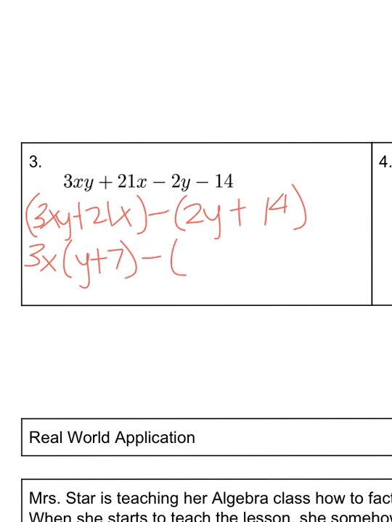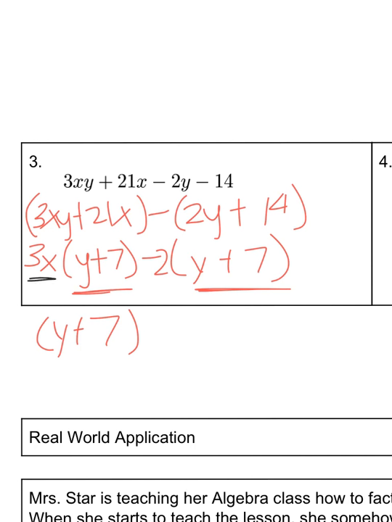And in the second group, we can take out 2, and we're left with y plus 7. So we're going to factor again. We can take out y plus 7 from both groups. So we have y plus 7, and in our second group, we can take out what's left, which would be 3x minus 2. And that is your final answer.